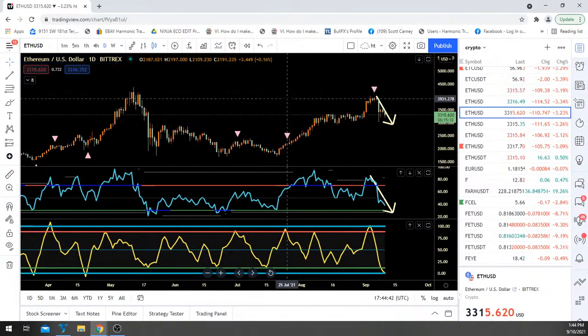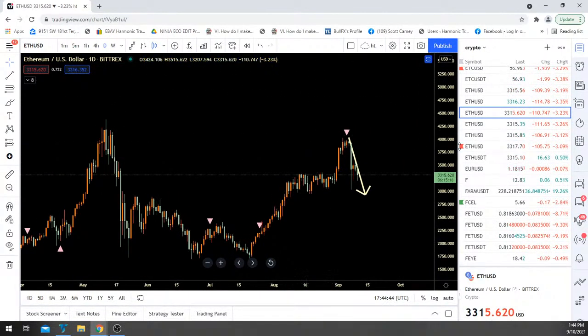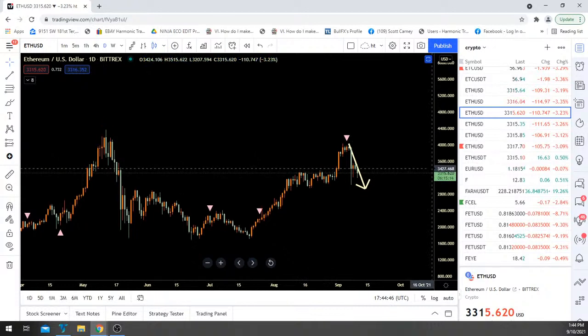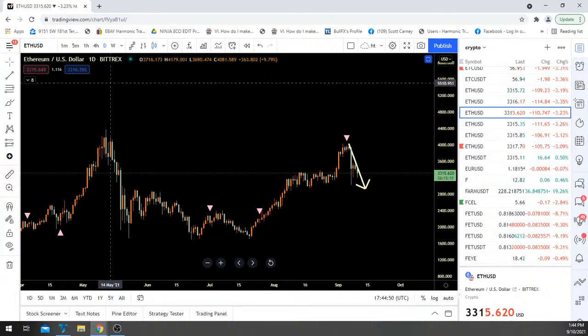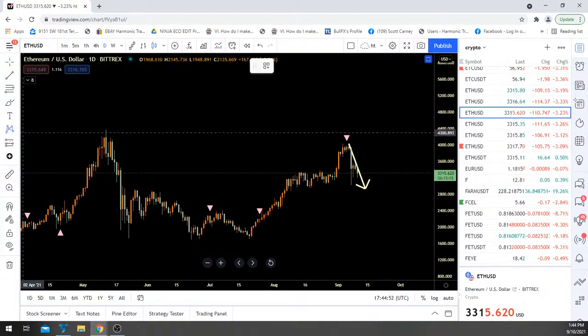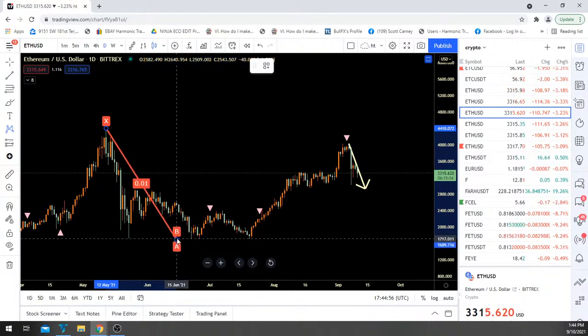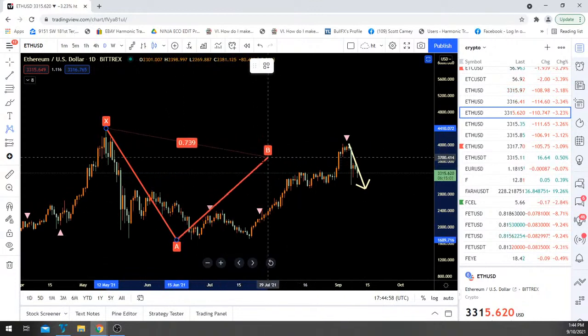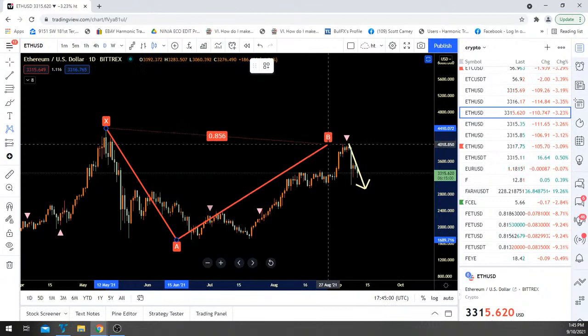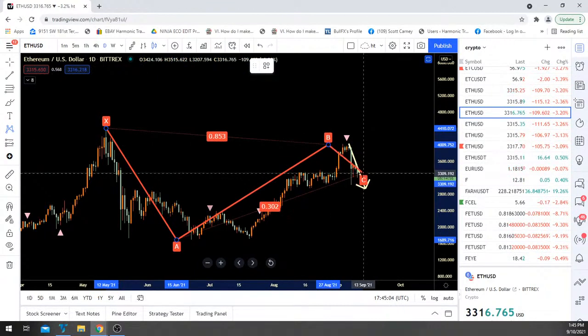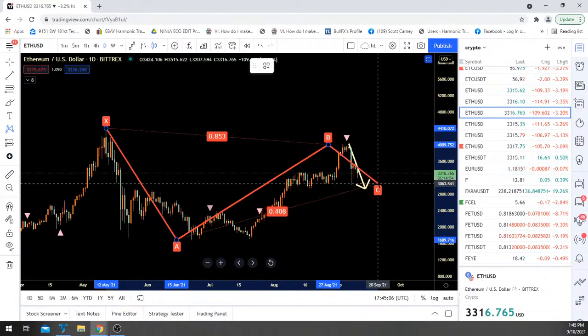The other thing that seems to be shaping up on Ethereum, where I'm going to get back to the longer term numbers in a second, but if we're looking at this to do a breakout, can we get some kind of W formation? Well, now we can. There's going to be our W midpoint, and that's going to be closer to the 886. It fell just shy.